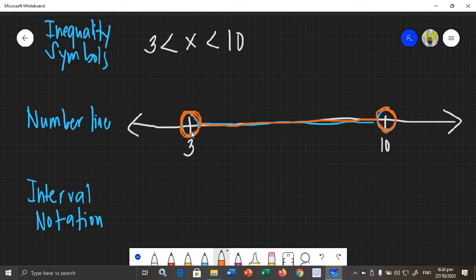Both 3 and 10 are not included in the values of x.